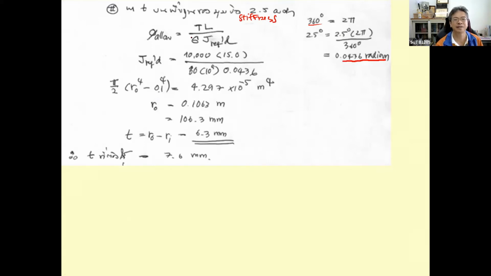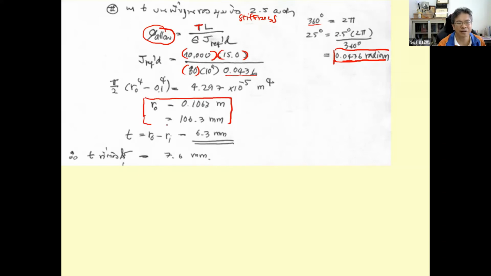By doing this, the angle that's allowed here, you know, it to be this one. Then the T is going to be here, the length in meter, the G, and then the allowable. You take the J required up, take the phi allowable down here, and then you solve for the radius.